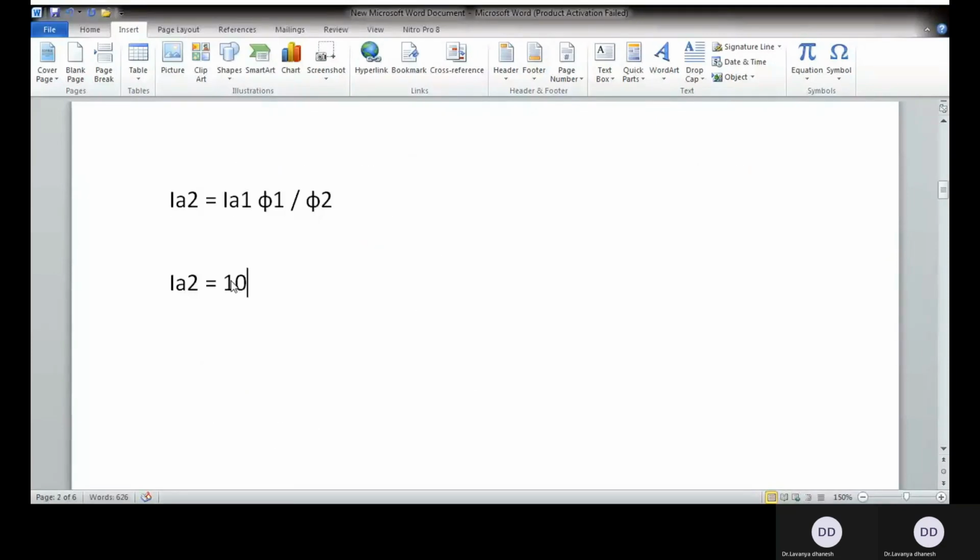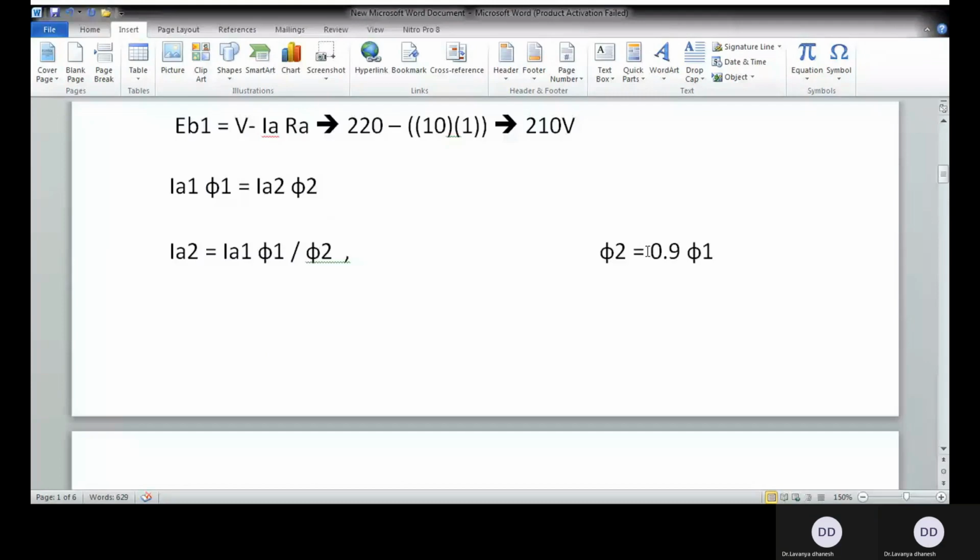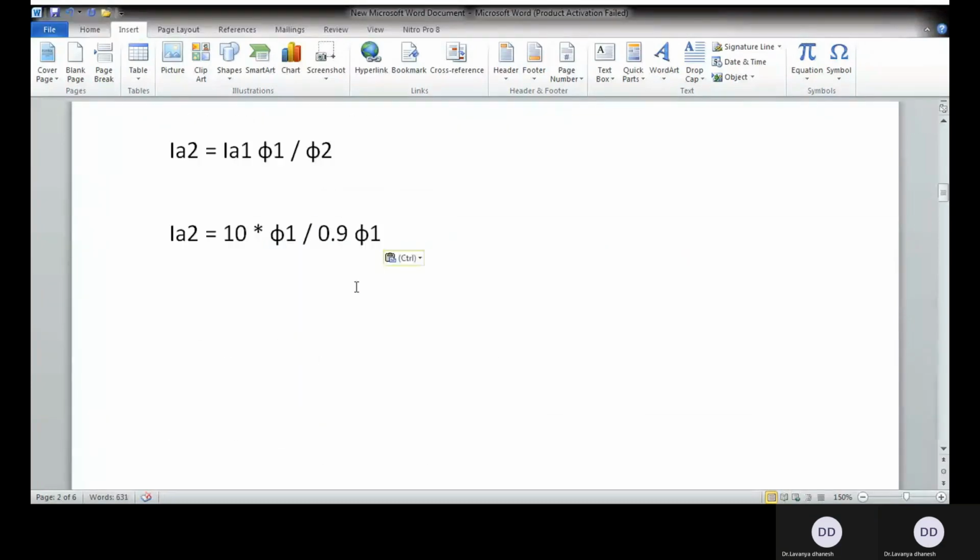So this is 10 ampere into phi 1 by phi 2. Instead of phi 2, what we are going to do? We're going to write phi 2 in terms of phi 1. So phi 2 in terms of phi 1 is 0.9 phi 1. So this phi 1 gets cancelled.